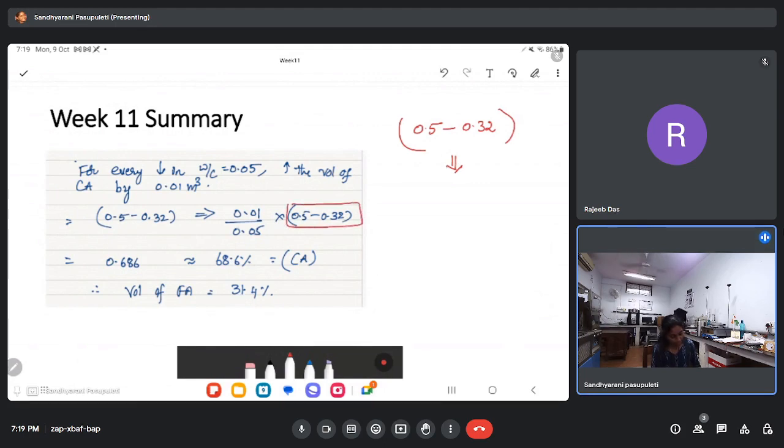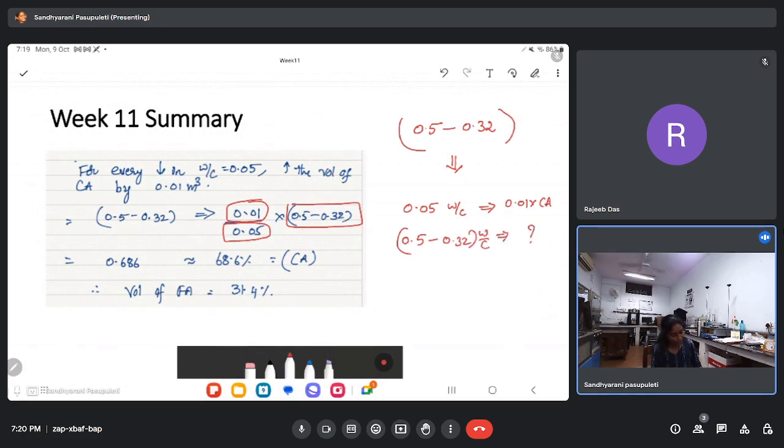But the code suggests that if you have 0.05 extra, then you have to increase the volume by 0.01. So for 0.05 extra water to cement ratio, you have to increase 0.01 of the coarse aggregate fraction. But currently I have 0.5 minus 0.32 as the extra water to cement ratio. So how much do I have to use?